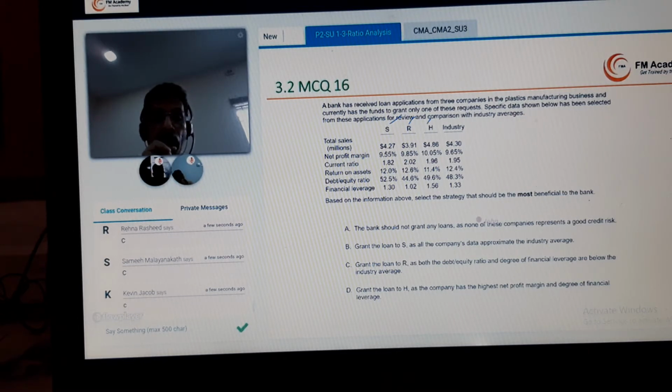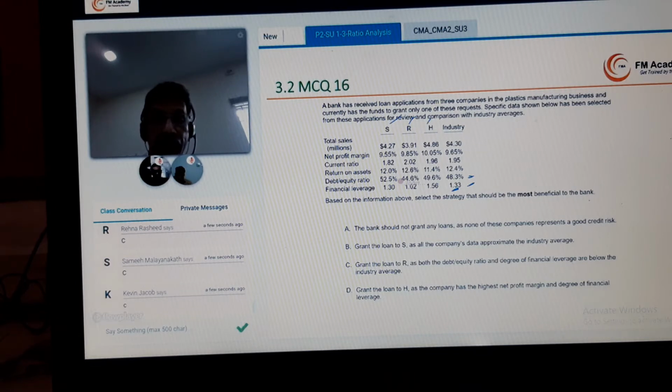I think the foremost indicator of credit risk is debt equity ratio and financial leverage. Here it is 1.33 industry average and 1. See, there are some companies above and there are some companies below. So based on financial leverage, definitely some would qualify because some are above, some are below.